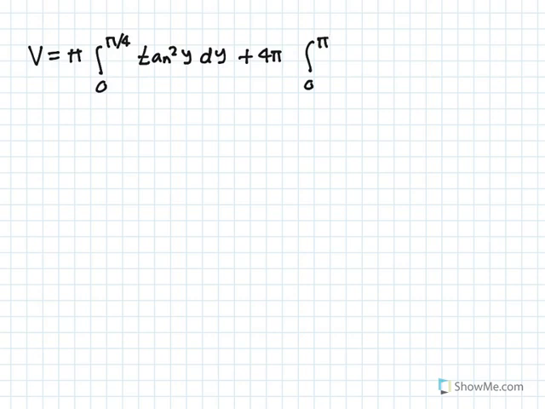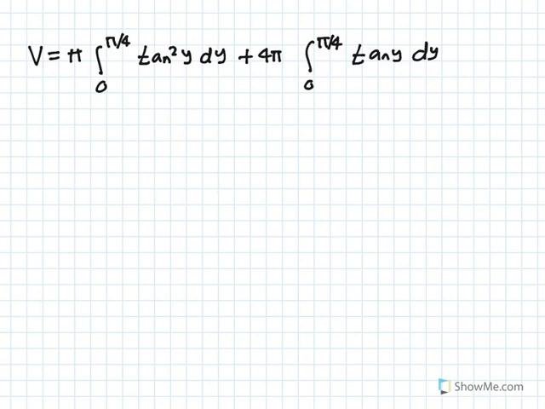All right, so what we have is volume is equal to pi integral from 0 to pi over 4 tan squared y dy plus 4 pi integral from 0 to pi over 4 tangent y dy.